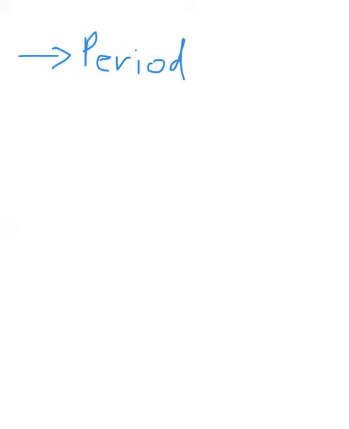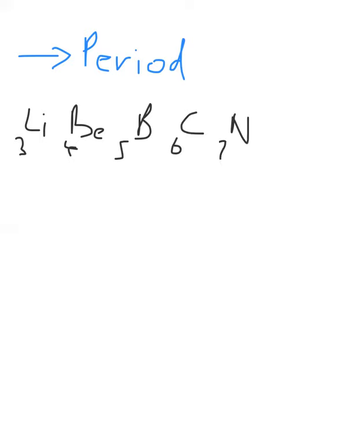For example, in the second period, we have lithium, then beryllium, boron, carbon, nitrogen, oxygen, fluorine, and neon.